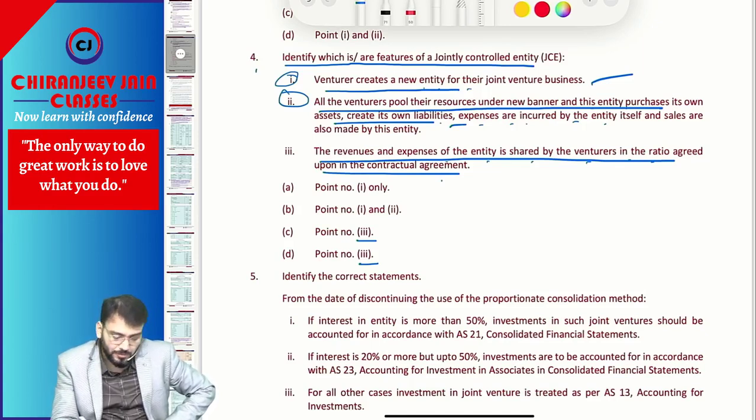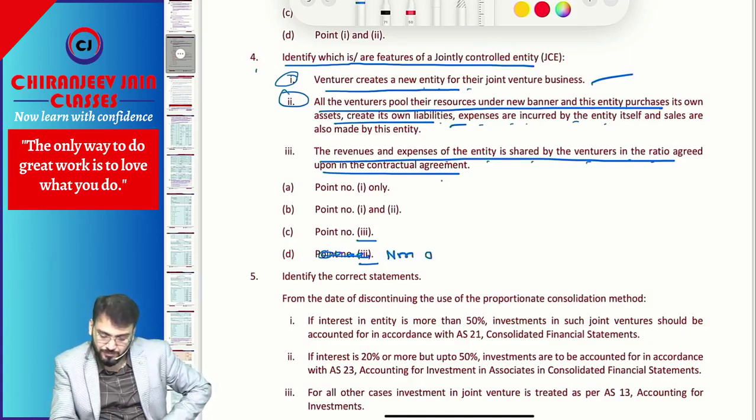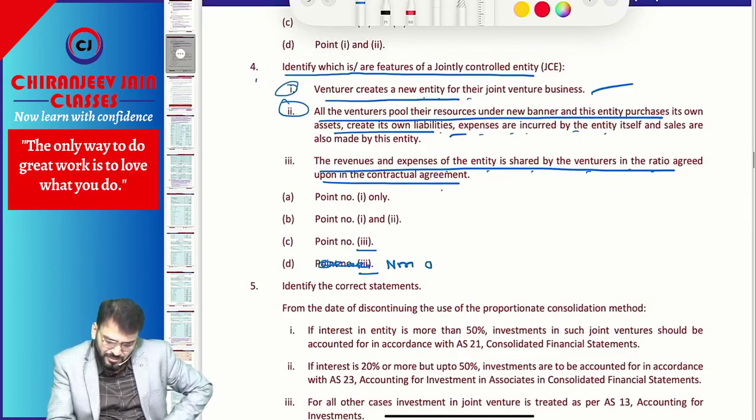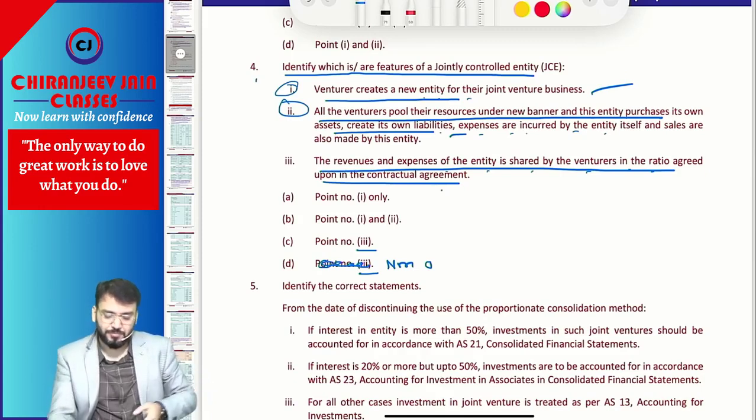I think there is some mistake. I think it should be none of the above. Answer C. Point number 1 is correct, point number 2 is correct, point number 3, the revenue and expense of the entity is shared by the venturer in the ratio. This is also correct.